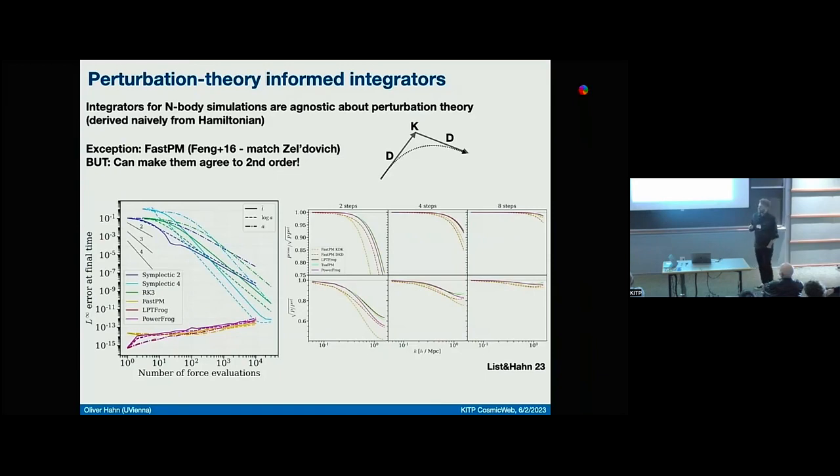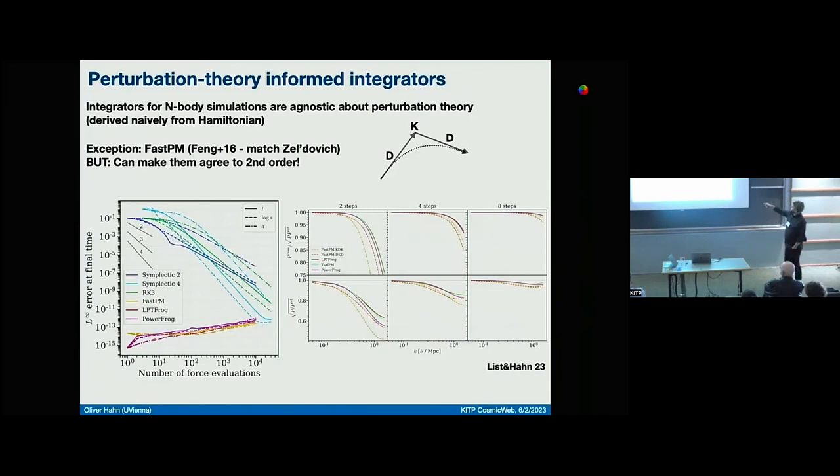So why is that? Of course, there has been one solution to this in the literature, which we already heard about earlier today, which is the FastPM scheme. Unfortunately, in that paper, they proved no properties of such integrators. And so we're not so happy. So we looked at this again, and we found there's a whole class of integrators which have these properties, that they're exact in the perturbation theory sense.